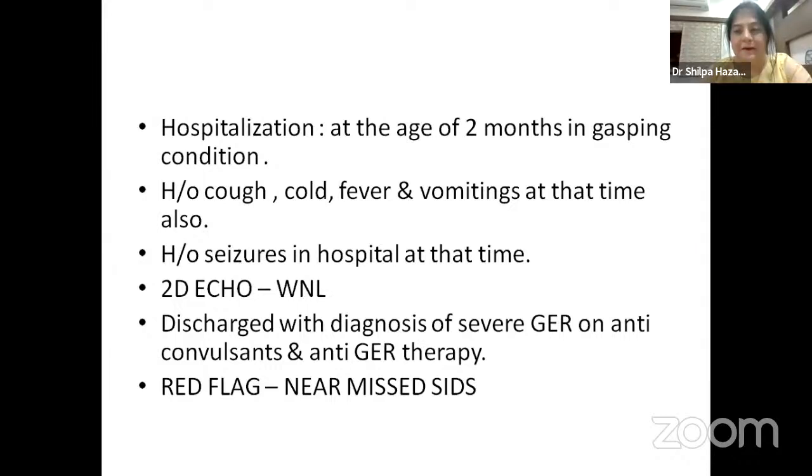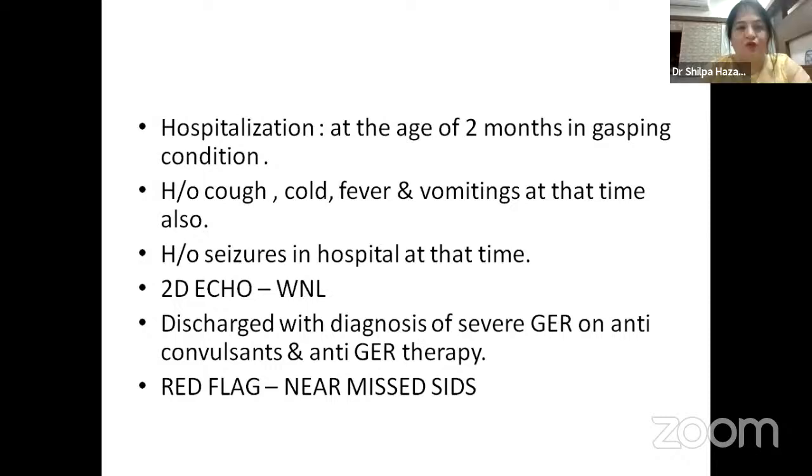But alarm features, as you mentioned in your lecture, should prompt further investigation: forceful vomiting, choking, gagging, coughing with feeds, failure to thrive, lethargy, or neurological symptoms. So this child has alarm features, and we need to investigate.